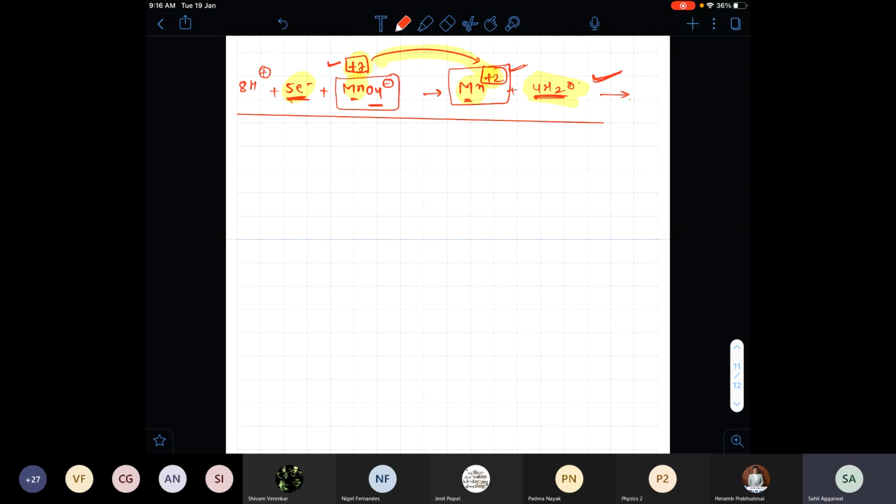So add 5 electrons to that side where we have more charge. Here we have 4 oxygen. On the right hand side there is no oxygen. To balance oxygen, we put water. For 1 oxygen, 1 water. For 4 oxygen, 4 water. Oxygen is balanced. Now on the right hand side we have 8 hydrogen. On the left hand side we do not have hydrogen. So put 8H plus. Balanced equation.